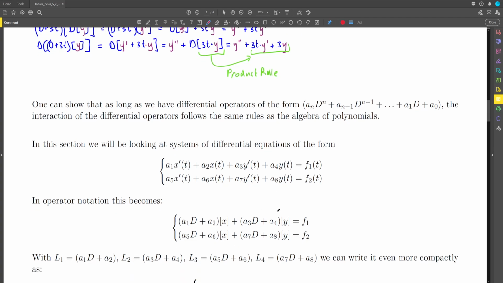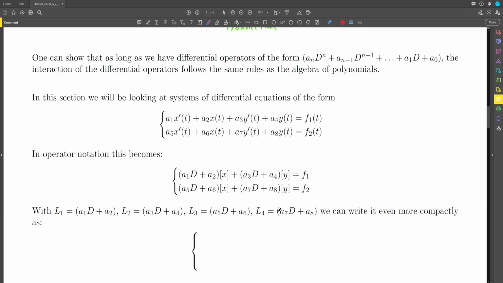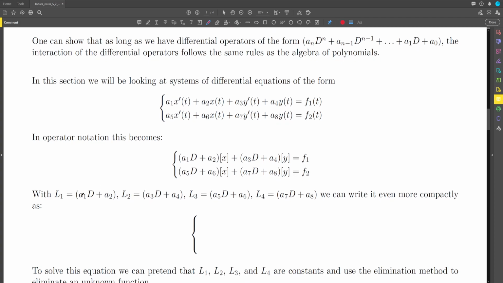And we can write that even more compactly if we call this differential operator L1, and then this differential operator L2. L3 is the operator a5 D plus a6, and L4 is a7 D plus a8.